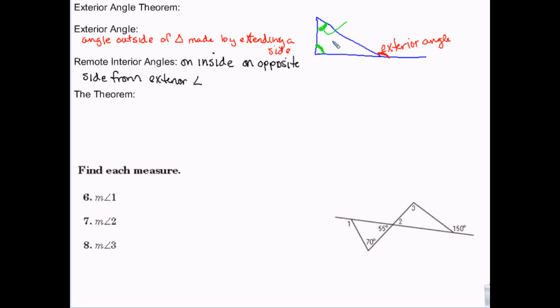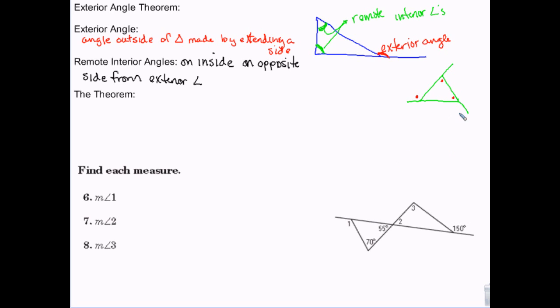So these are the remote. And you can have a situation where, if I had a triangle where all of the sides extended, something like that, where all the sides are extending. If I was talking about this exterior angle here, these would be the remote interior angles to it.